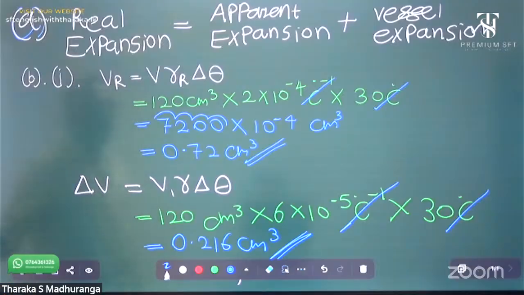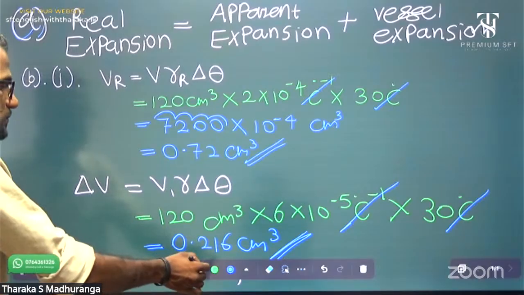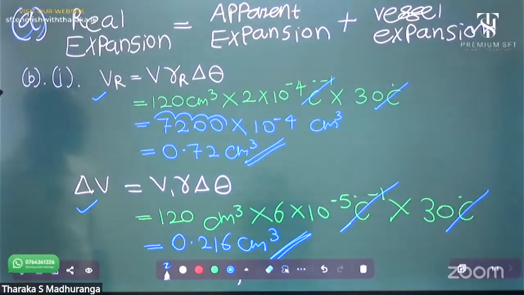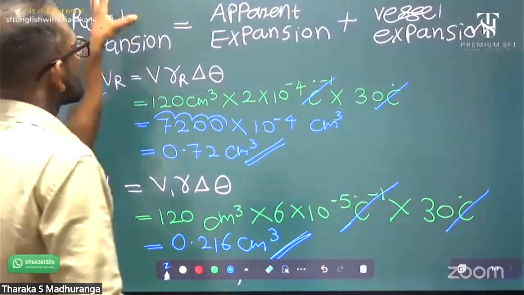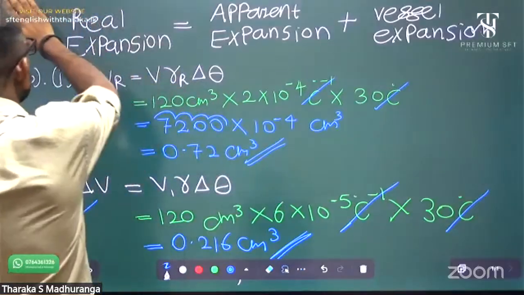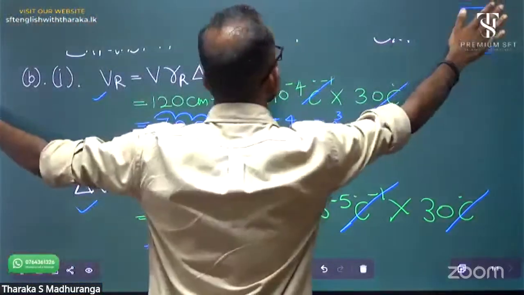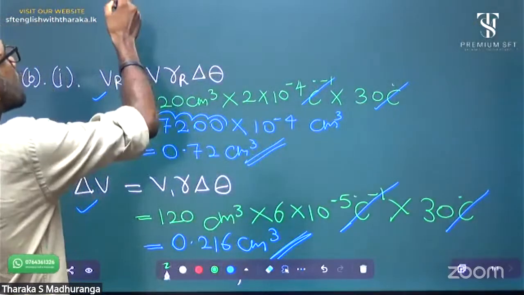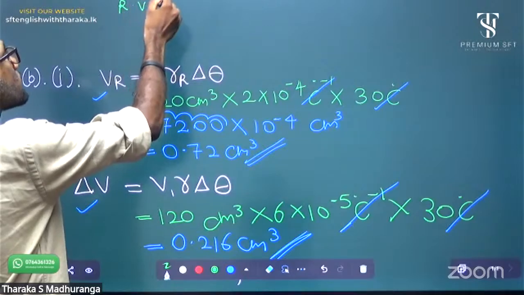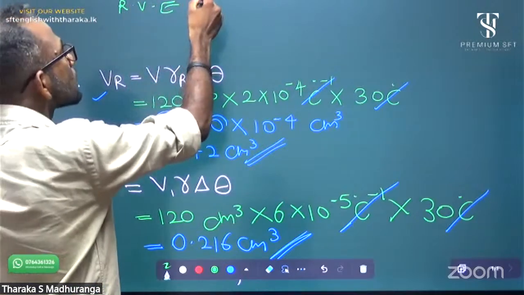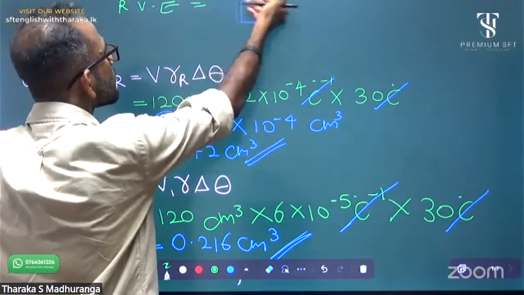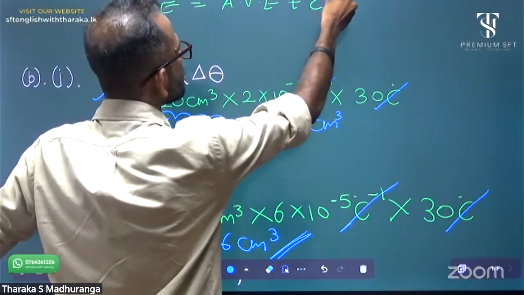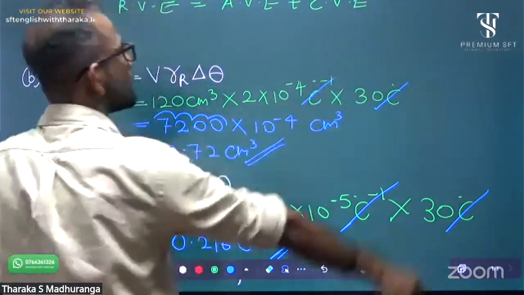Now you already know the real volume expansion and the container volume expansion, right? This is our equation: the real volume expansion equals the apparent volume expansion plus the container vessel volume expansion.